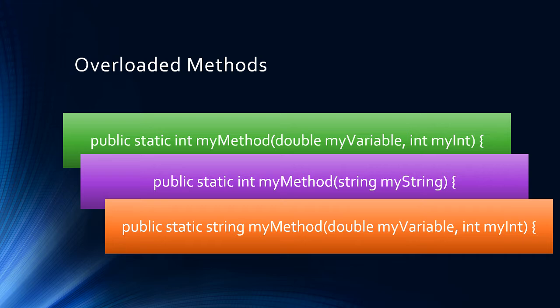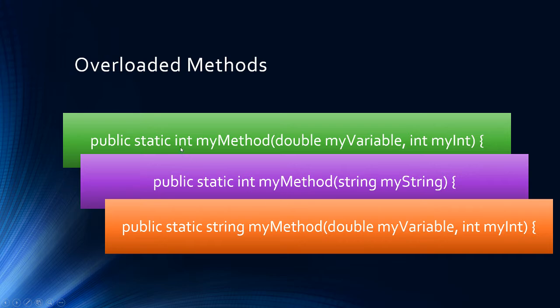We can actually overload methods, which is the beginning of object-oriented programming. By overloading methods, we can create one method that has the same name, but it has multiple different signatures. So in this example, we have 3 instances of the method.